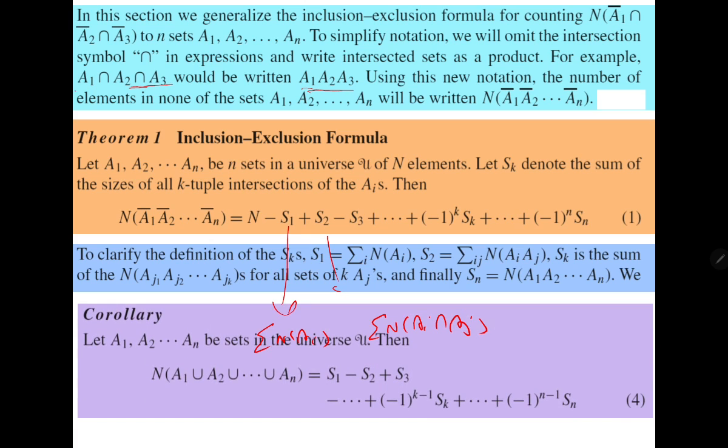And the corollary says that n of a1 union a2 union ... an is n minus n of a1 bar, a2 bar, ..., an bar. That gives you s1 minus s2 plus s3 and so on.